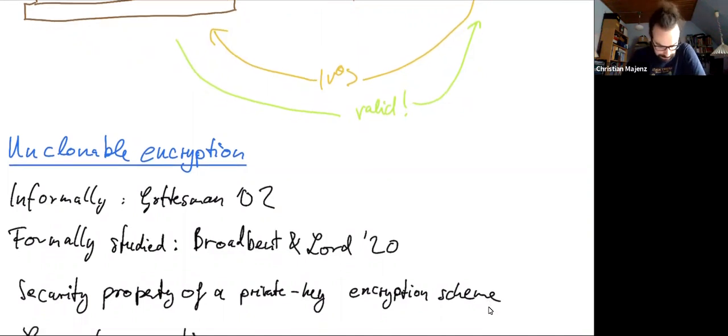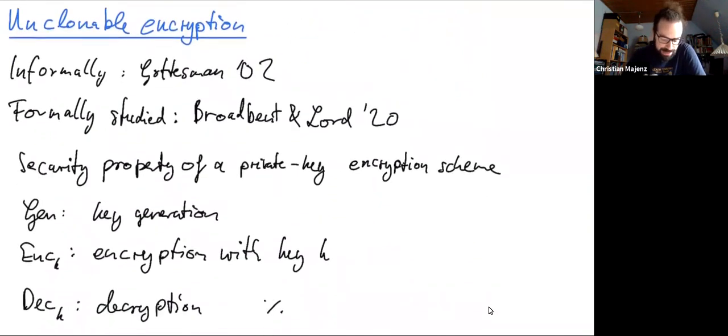So let's just get the syntax of a private key encryption scheme quickly recapped. It consists of 3 algorithms, right? So we have a key generation algorithm that just generates the private key. Then we have an encryption algorithm that encrypts with that private key K, and we have a decryption algorithm.